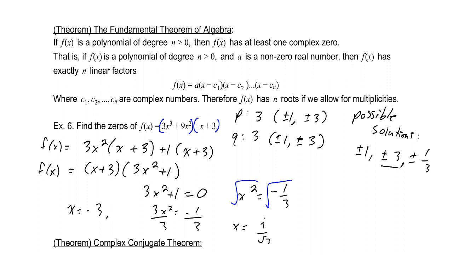We can't simplify the square root of 3. And we can actually use radical properties to say that's root 3 over 3i. Now, because we took the square root, this is plus or minus. All right, so we have found our 3 solutions: plus or minus root 3 over 3i and negative 3.